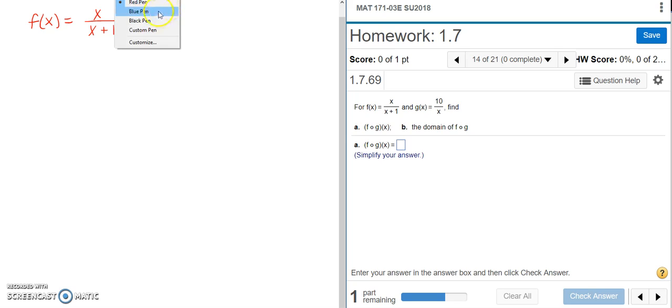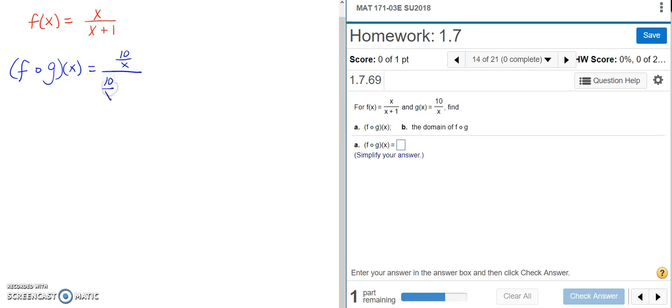So everywhere there's an x, I'm going to plug in g of x. So f of g of x: this x becomes 10 over x, because I'm plugging in g. And then I still have that plus 1.